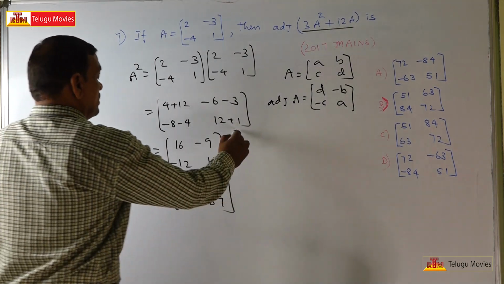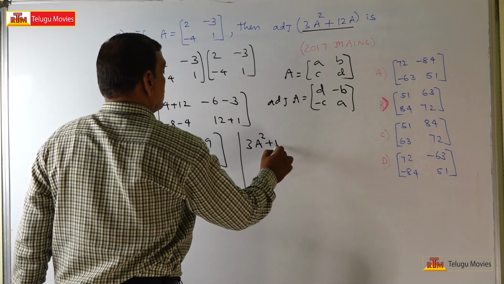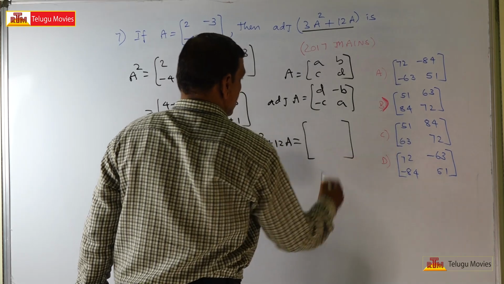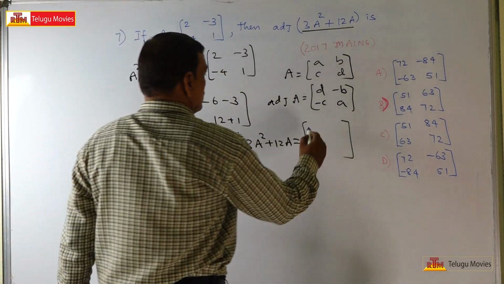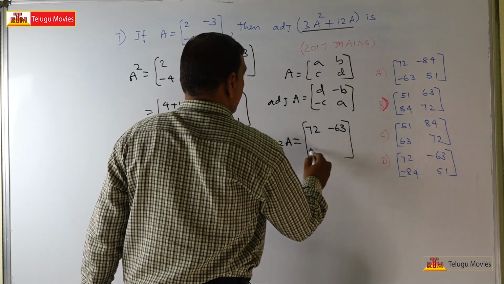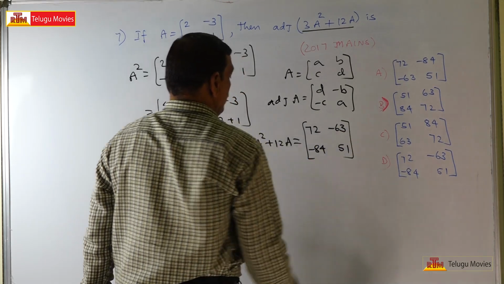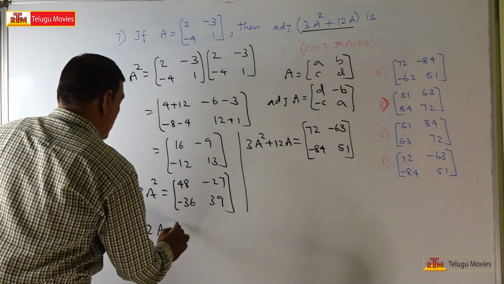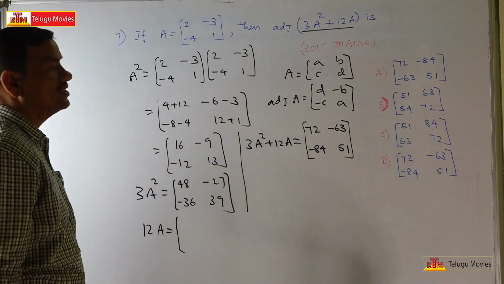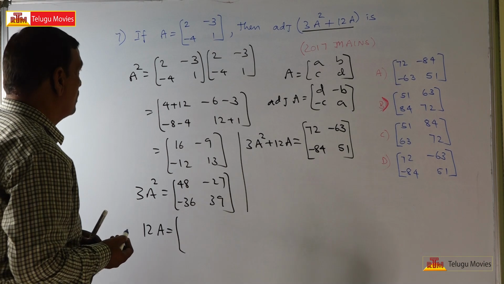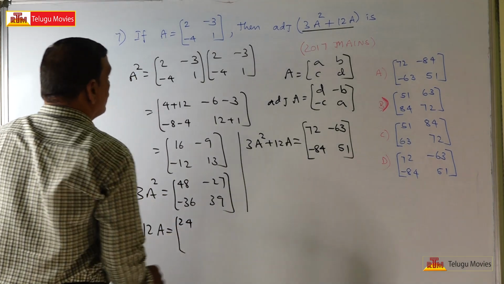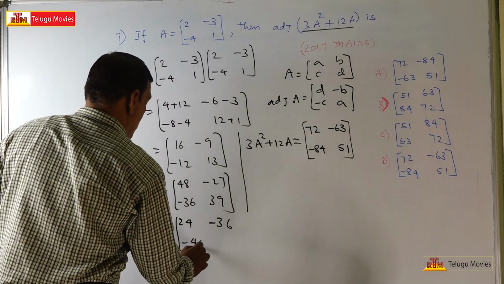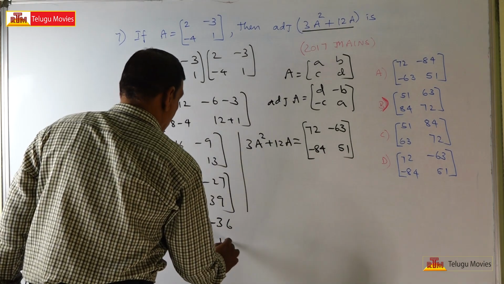On the whole, 3A square plus 12A is given like this. 12A means multiply each element with 12: 24, minus 36, minus 48, and 12.